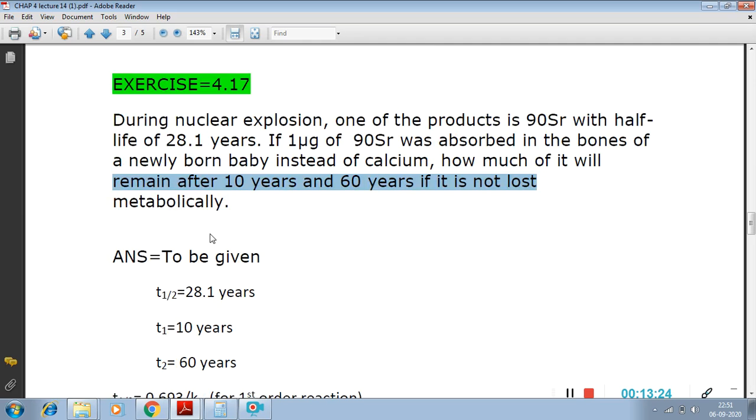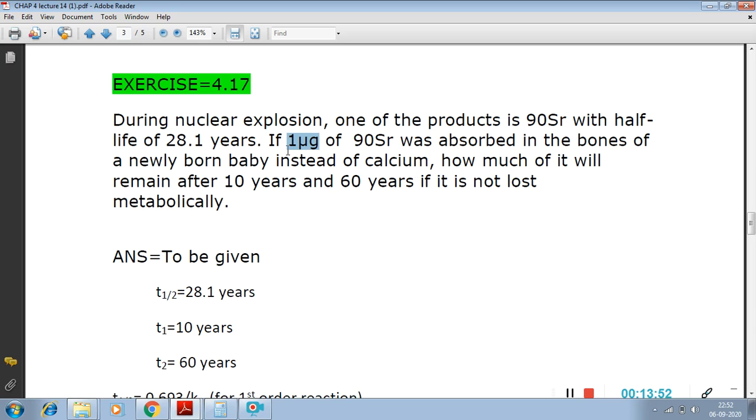So during a nuclear explosion, this product 90 strontium was released, and half-life for that compound is 28.1 years. Now a newly born baby consumed it, only this much, 1 microgram.